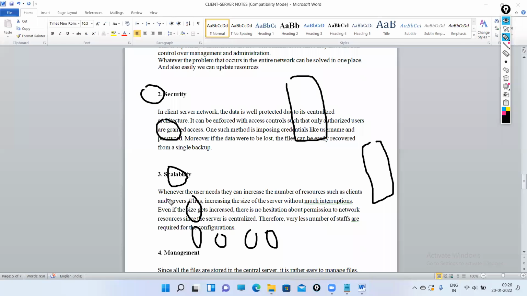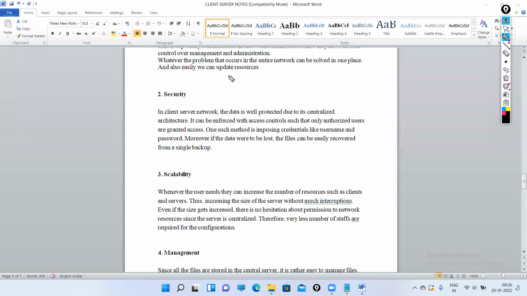Okay, madam. For example, in my first case, I have one server and we are using 3 clients only. Not a problem.